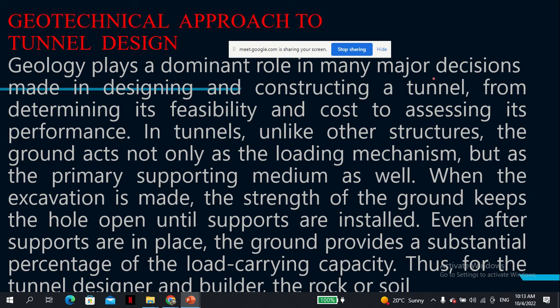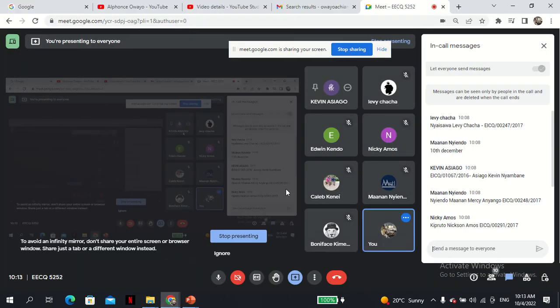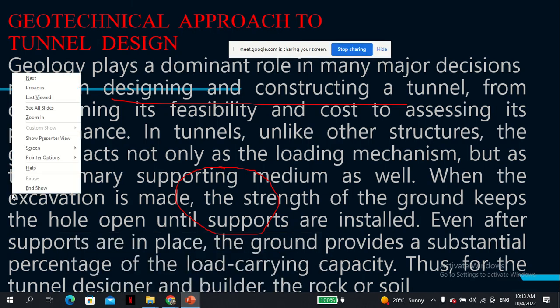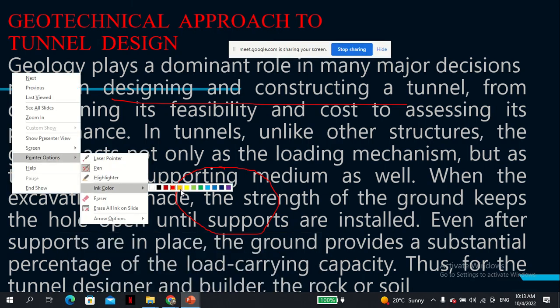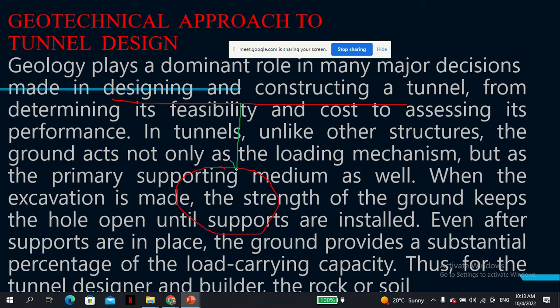So if this is the ground and then you do your tunnel here, if that is your tunnel, you can see there is a height of overburden, and if there are structures here, houses or whatever kind of structure they are, all manner of structures, they all add up to load the tunnel, while at the same time the strength is provided by the soil.